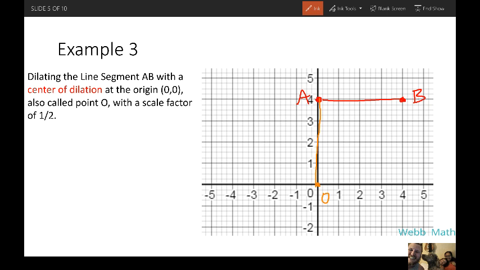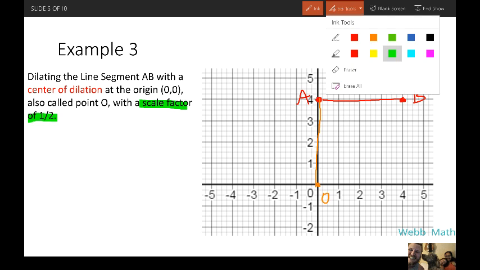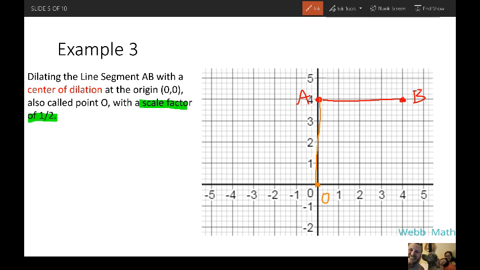Well, didn't we get a scale factor of 1/2? Yeah. So what's half of 4? That would be 2, right in the middle. So we just halved 4 into 2.